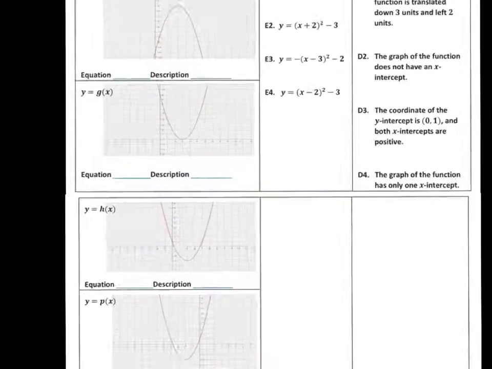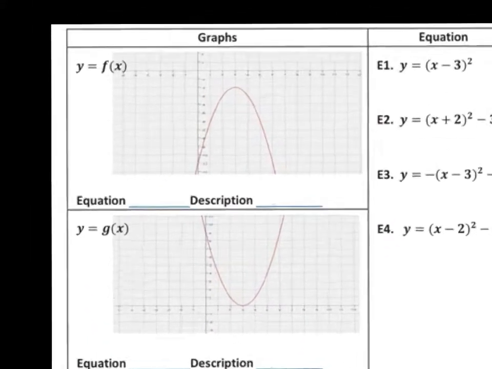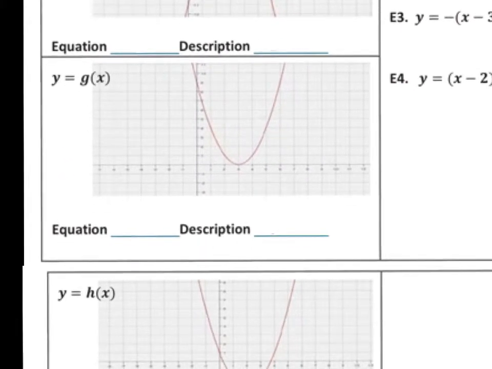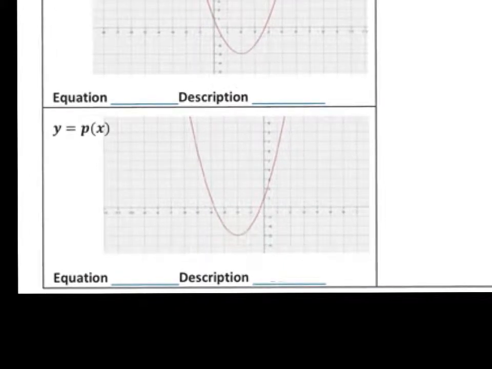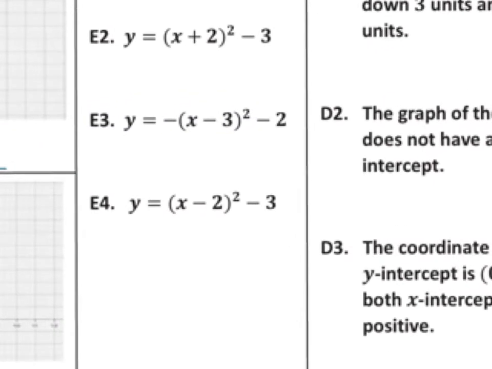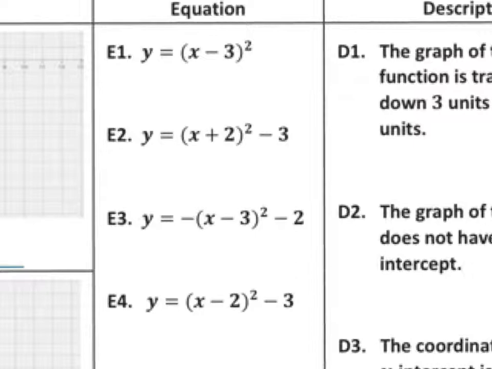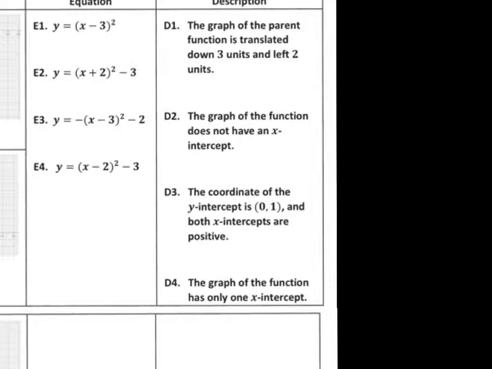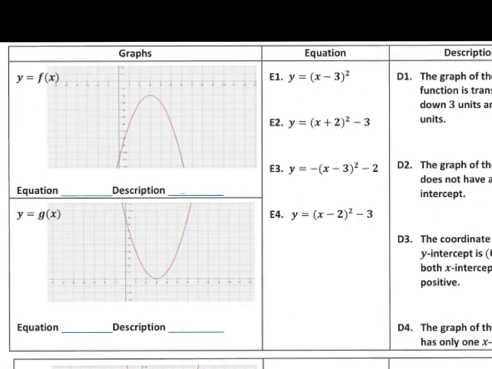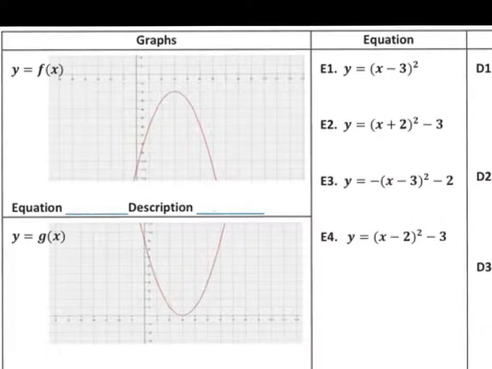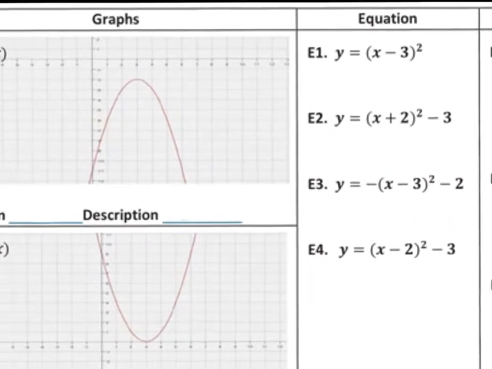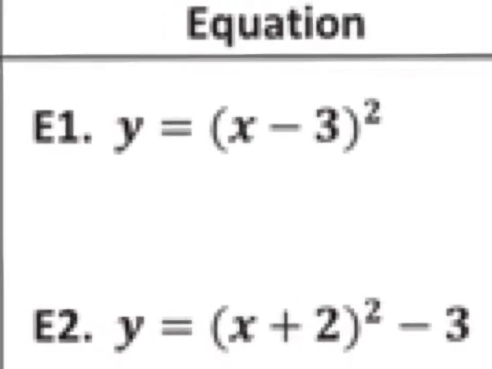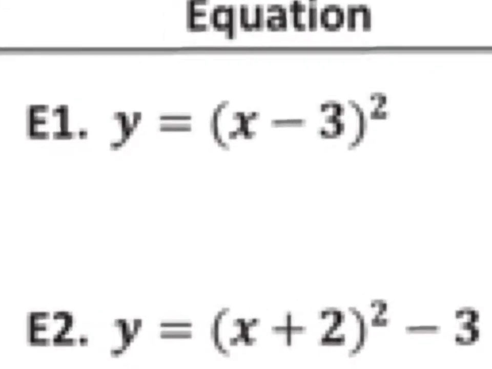We want to match these graphs here, this one, this one, this one, and this one, with these 4 functions. And once we do that, we want to match these 4 descriptions with those functions. Let's just start with matching a function to a graph. Let's go here and look at this. There it is.